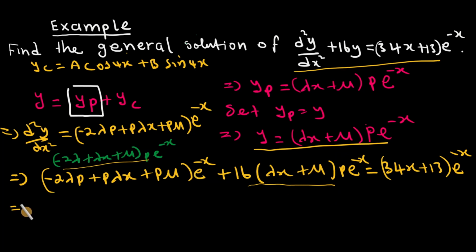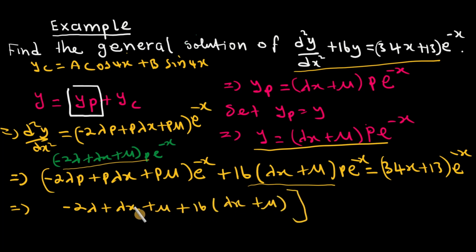So that means this equation can be rearranged as minus 2 lambda plus lambda x plus mu plus 16 into lambda x plus mu, all into p e to the negative x, which is equal to 34x plus 13 times e to the minus x.